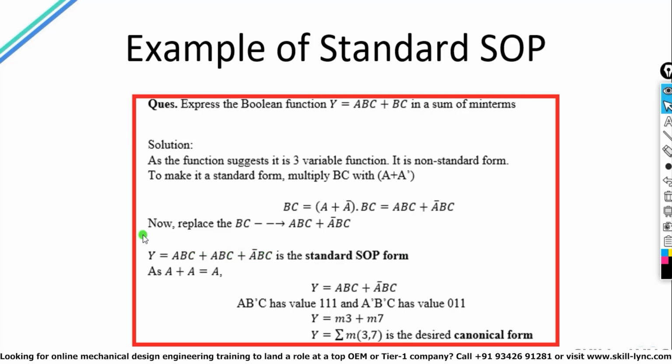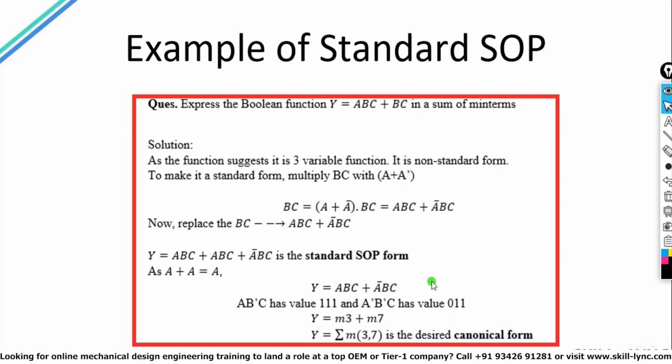Although it is a standard form, we see that two ABCs are there, which means duplicacy of the same term, ABC and ABC. Again, the Boolean law says A plus A equal to A. So ABC plus ABC equal to ABC. So we are taking ABC just once. So it is ABC plus A bar BC.